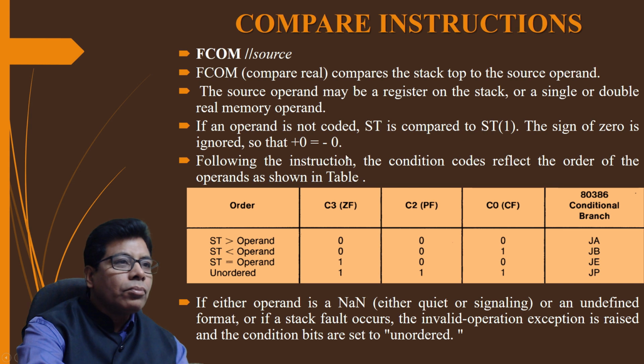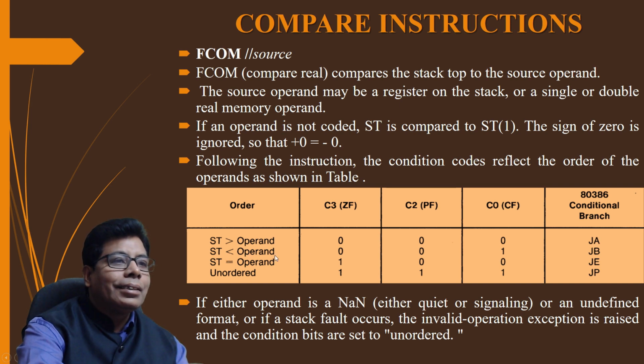After the instruction execution, the condition code reflects the order of the operands. So here you can see C3, C2, C0. This is the CF, this is the parity flag, and this is the zero flag. If ST is greater than operand, then in that case no flag will be set, all flags are 0. So correspondingly we have JA, that is jump above.